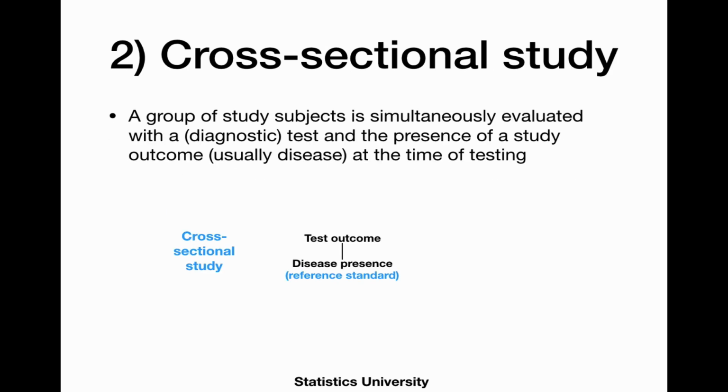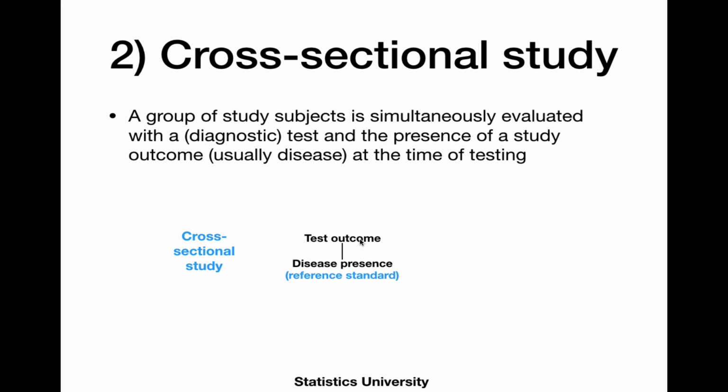In a cross-sectional study, a group of study subjects is simultaneously evaluated with a diagnostic test and a reference standard to determine whether at the time of the diagnostic test, patients have a certain outcome, which is usually a disease.